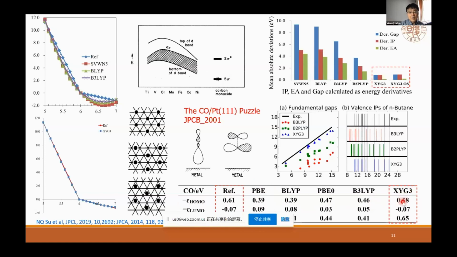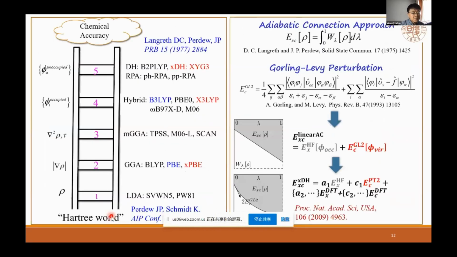And here's our functional XYG3. The results are in perfect agreement with the reference numbers. And also, as you can see, the XYG3 fulfills the linear condition for the fractional charge behavior. Then, what is the XYG3 functional?